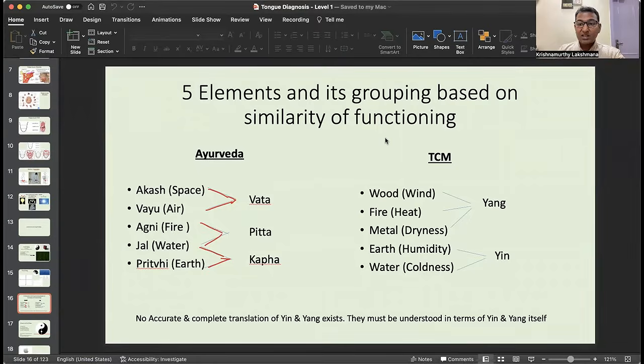Before we understand tongue diagnosis, it is extremely crucial that we are good with the fundamentals. Those who are strong with the fundamentals will become a good therapist, and those who are strong in pattern recognition.